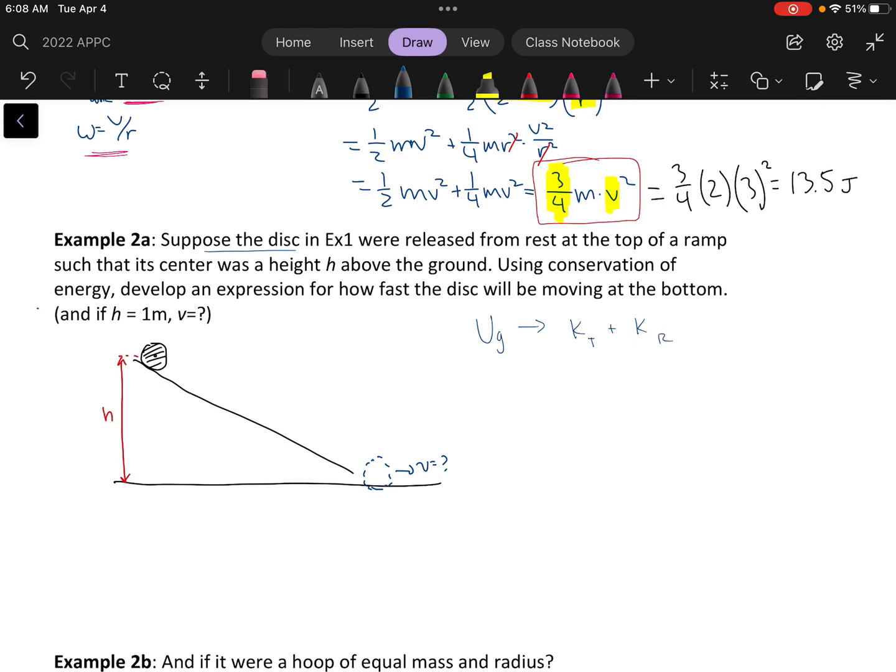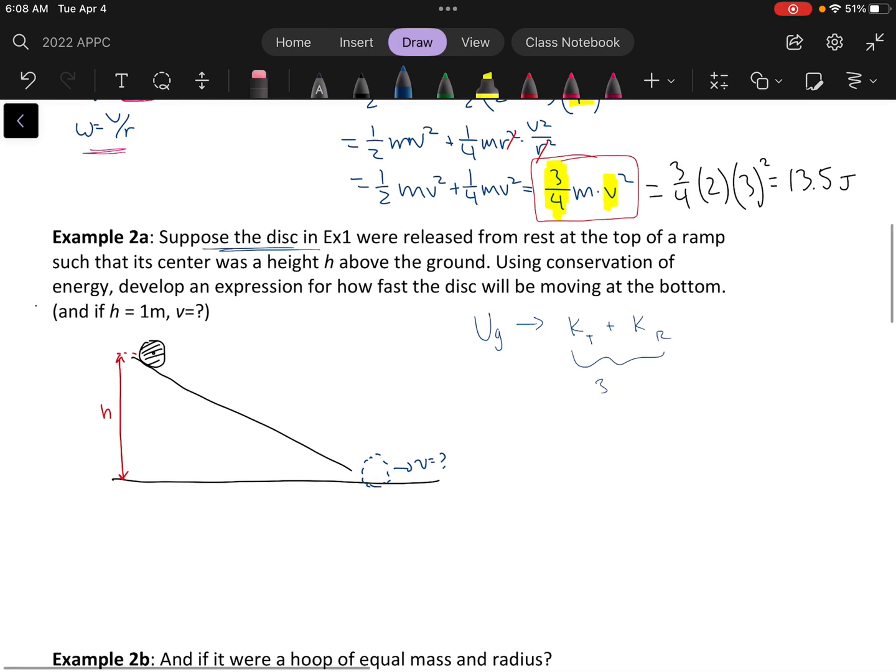And since this is the disk from example 1 that we just did above, we can substitute in place of the kinetics 3/4 mv squared, and in place of gravitational potential we can put m times g times h.